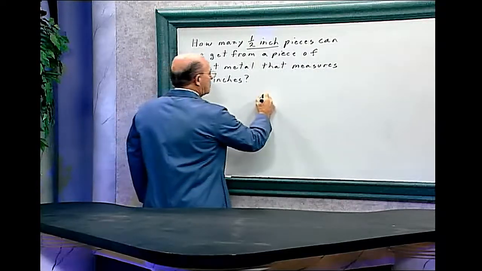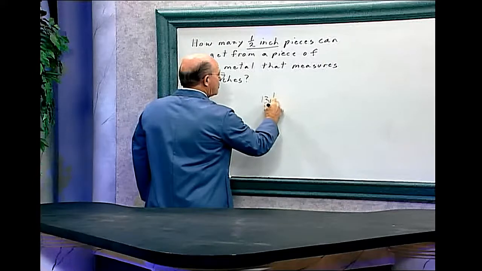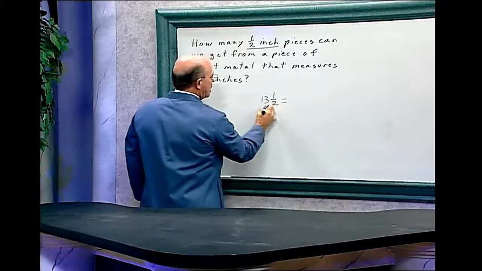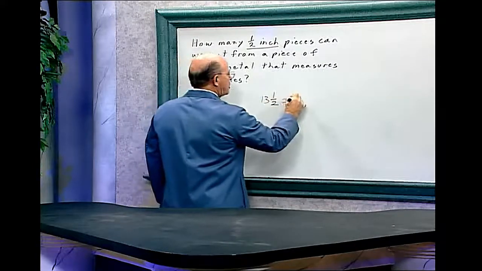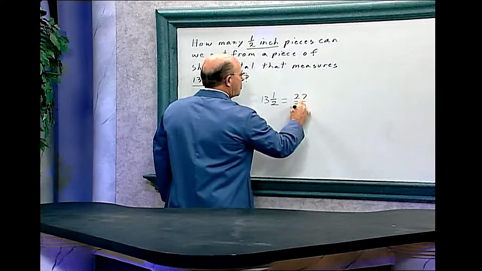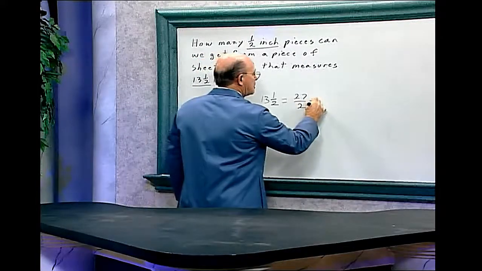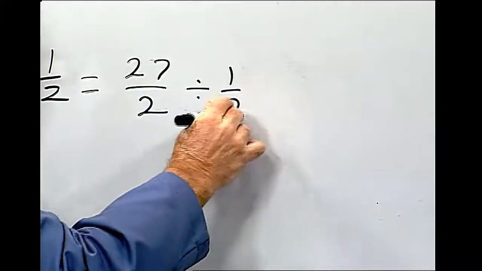So we'll take that mixed number and make it into an improper fraction. 2 times 13 is 26, plus 1 is 27 over 2. And we have to divide that by 1/2.